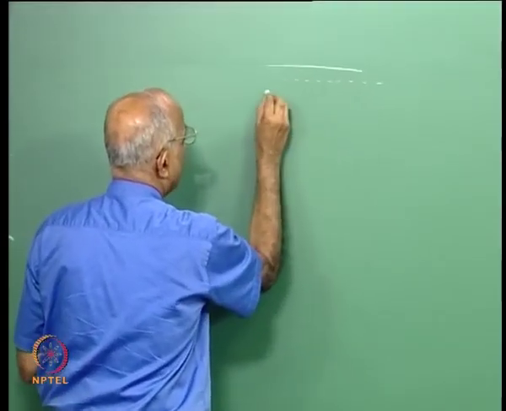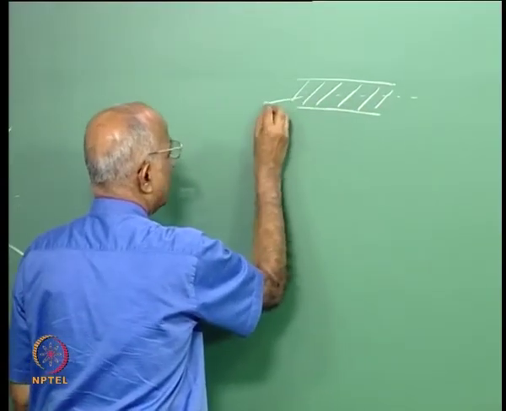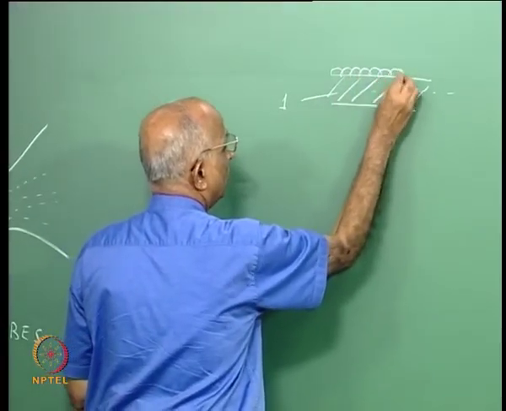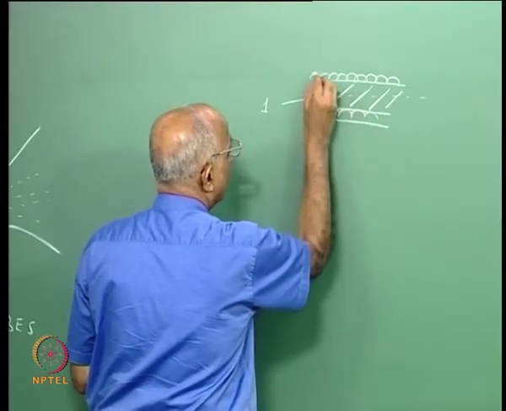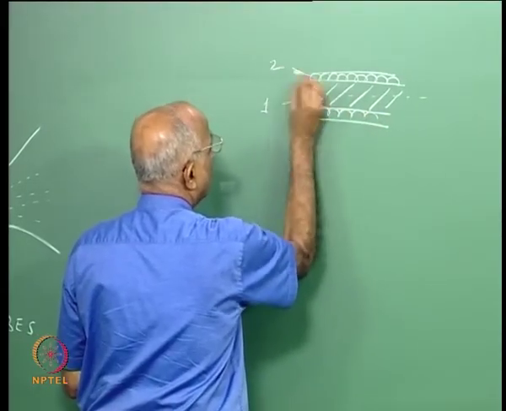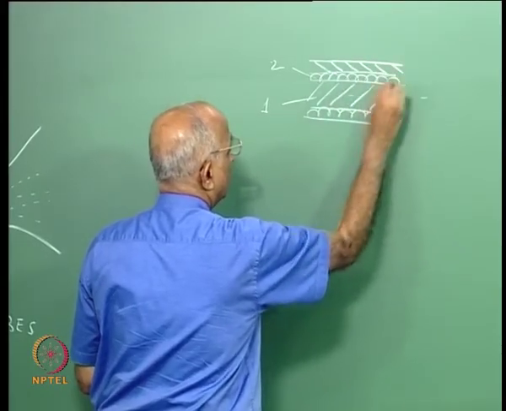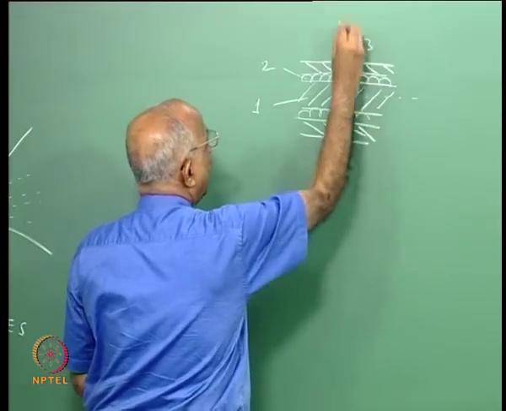I have initially one central core, let us say it has mixture ratio 1, surrounding it I have another stream tube, this is now an annular stream tube with mixture ratio 2, surrounding it I have another stream tube with mixture ratio 3, and so on.